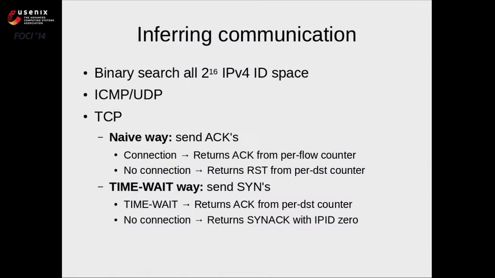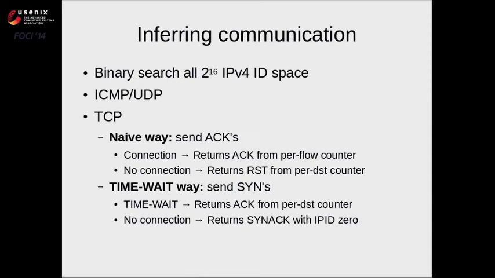So there's another way that you can use, and this takes advantage of the time-wait state. TCP has this time-wait state after the connection is closed. It's basically there to suck up any stray packets that might be trailing in after the connection is closed so they're not mistaken for being related to a different connection. The way that this works is that we send SYNs, in this case, to the server.